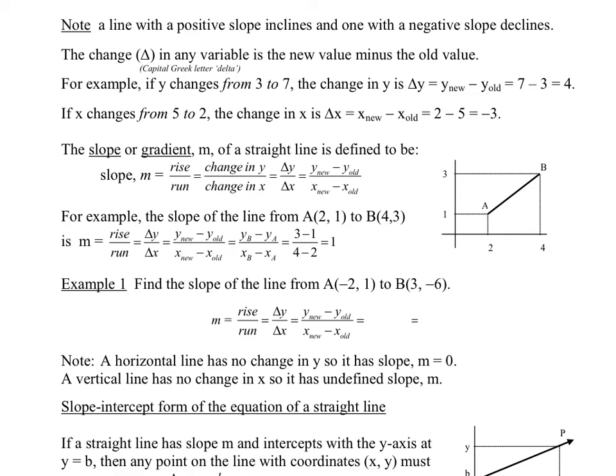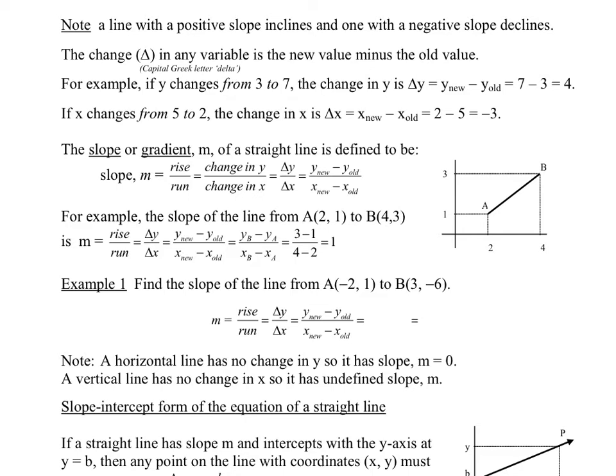So in this example down here, if you're going from A being negative 2, 1 to B being 3, negative 6, on the top, if you imagine that this is the new point, this one here, you would take the negative 6 to be your y new, and the 1 would be your y old.